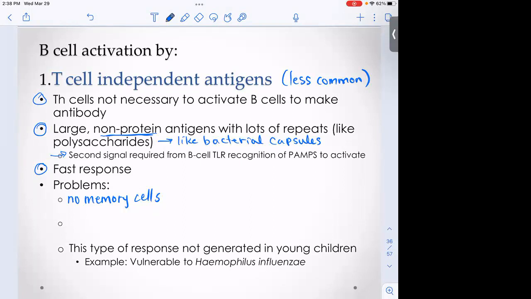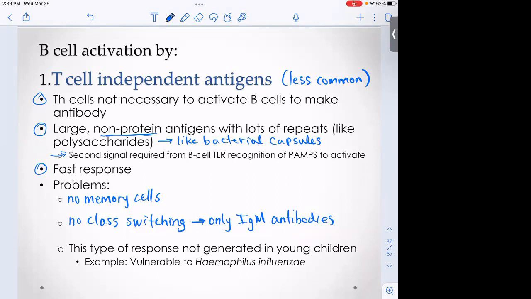So it is pretty fast already, but not as fast as what memory cells would have. And there's no class switching. So in other words, we get only IgM antibodies. It won't switch to IgG or IgE if that would better fight the pathogen. So kind of one response.